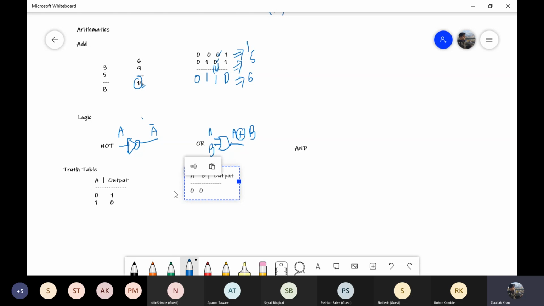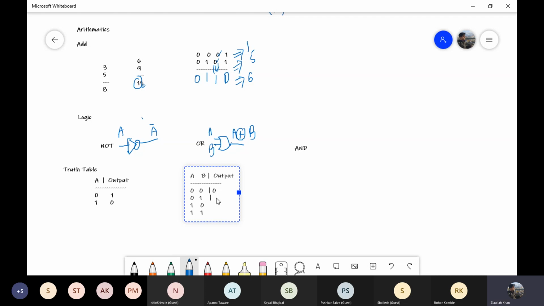So A is 0 and B is 0. Let me go ahead and change the LSB first. The next combination is A is 1 and B is 0. And then the last combination is A is 1 and B is 1. So the OR gate says that when A and B both are 0, it is going to be 0.